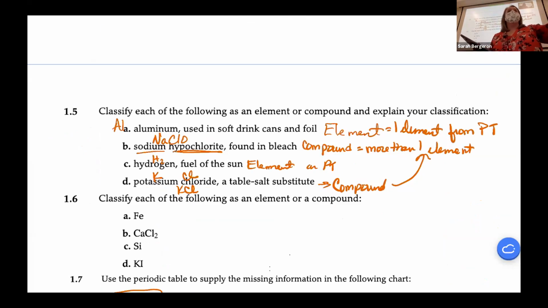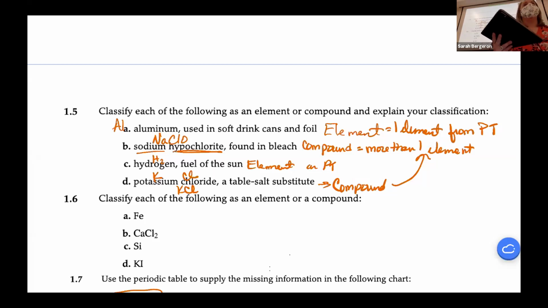Now, do you have to be able to write the formula based on the name? Not yet. But just hearing sodium, you've got to know it is an element. Hypochlorite, okay, that's more than just sodium. That's all you have to know there. So that has to be a compound. It's more than one element.